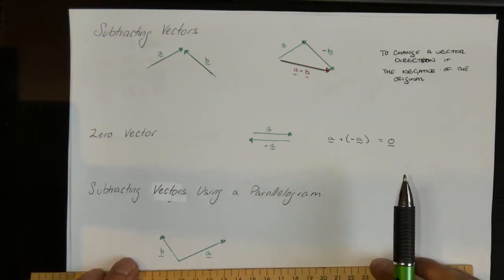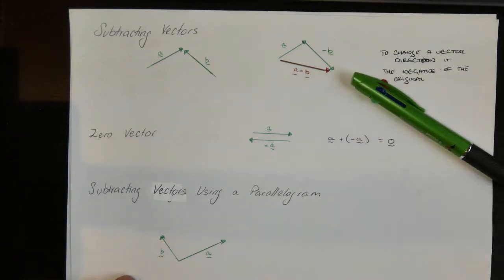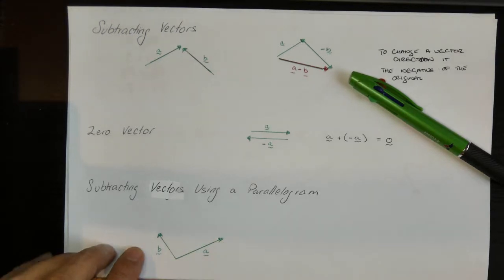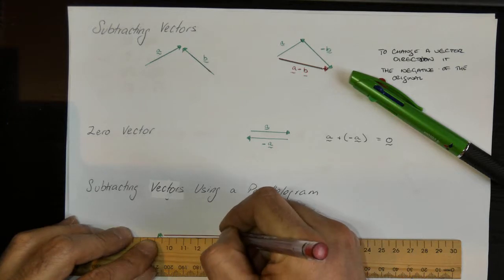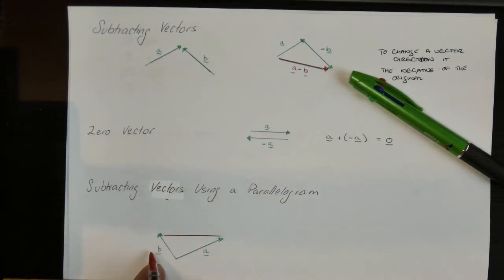So subtracting vectors. Remember, this is also the parallelogram idea. If I have two vectors going outwards, and I flip this sign, so make it negative B, it will face this way.